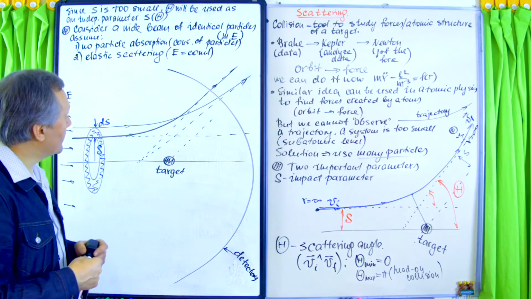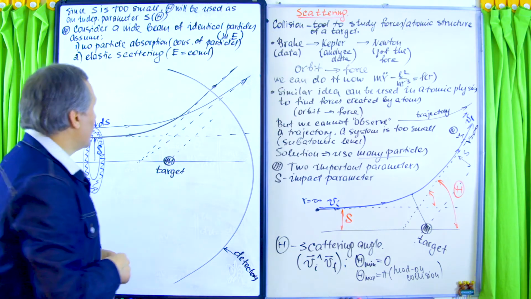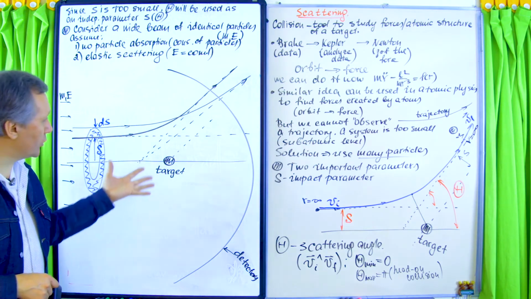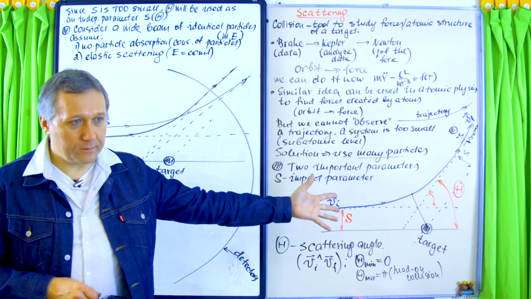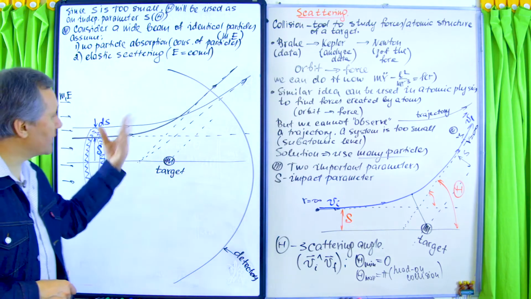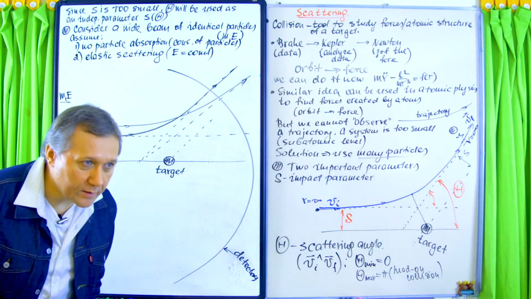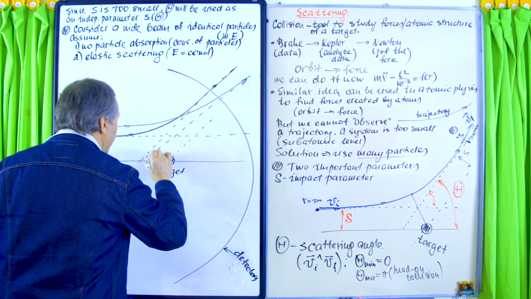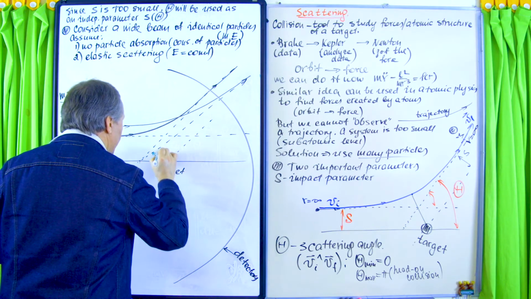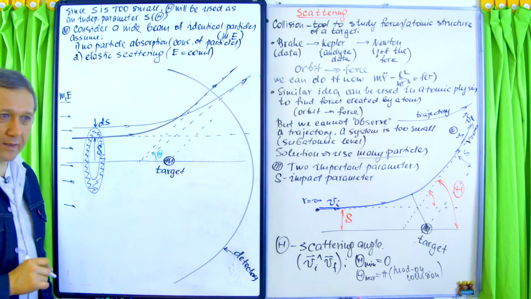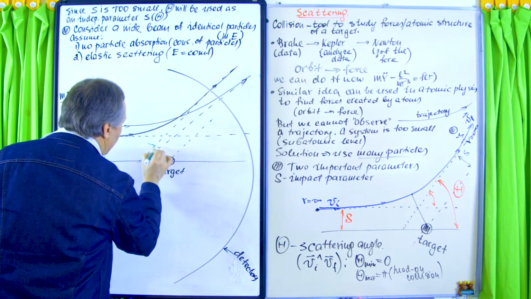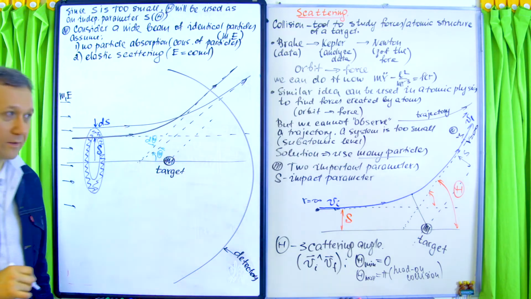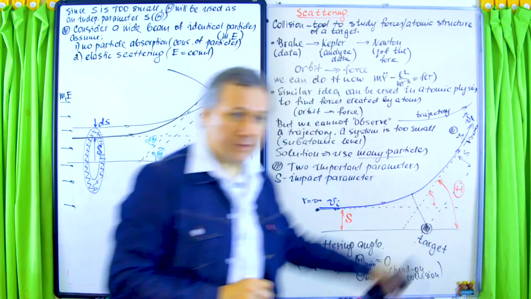Okay, now we need to show where is the scattering angle. So we see S, but scattering angle. Of course, strictly speaking, the scattering angle, let me use green. So the scattering angle is this, right? So this is, strictly speaking, the scattering angle. And this is d theta, right? Like here, this, right?